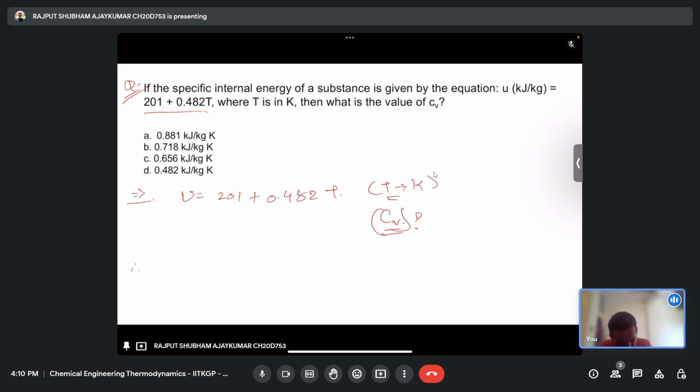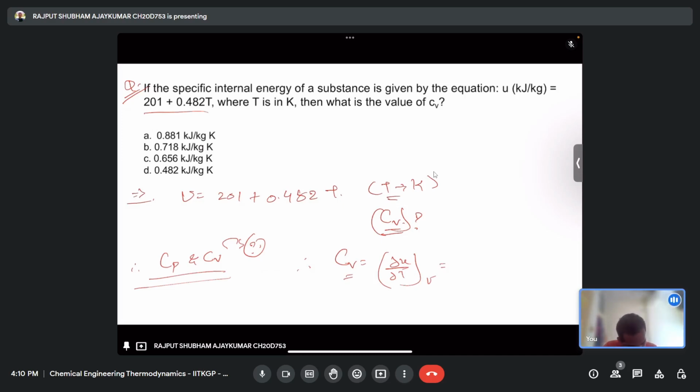So we know that Cp is the specific heat at constant pressure, and Cv is the specific heat at constant volume. They have asked what this is. So we know that Cv is equal to del U by del T at constant volume. That is the partial differentiation of the internal energy with respect to temperature at constant volume, because specific heat at constant volume is asked.